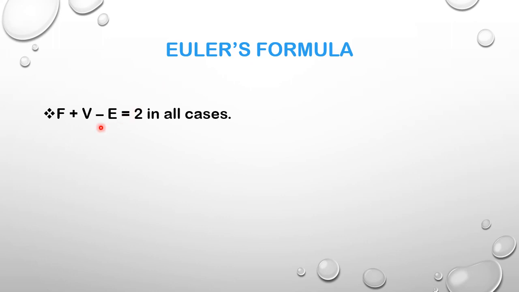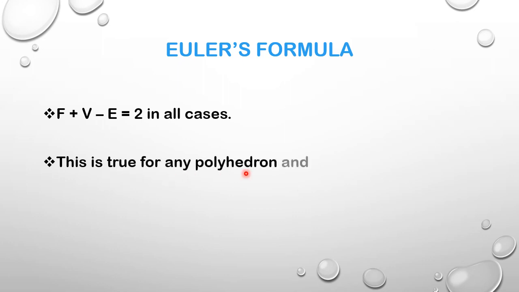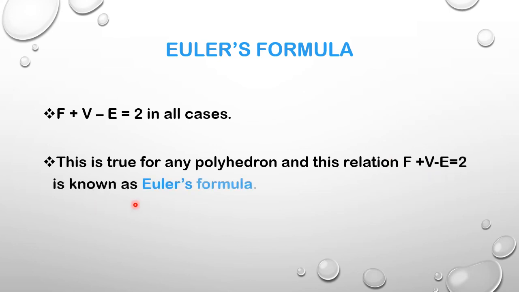So F plus V minus E is equal to 2 in all cases. We have found it for 4 shapes, and these 4 shapes have the same answer. F plus V minus E is equal to 2. This is true for any polyhedron, and this relation F plus V minus E equal to 2 is known as Euler's formula.